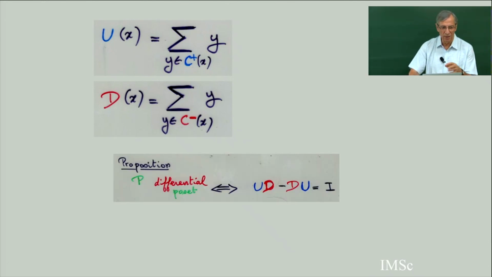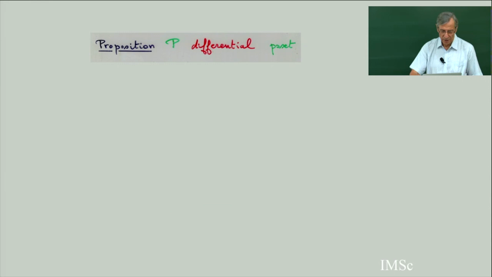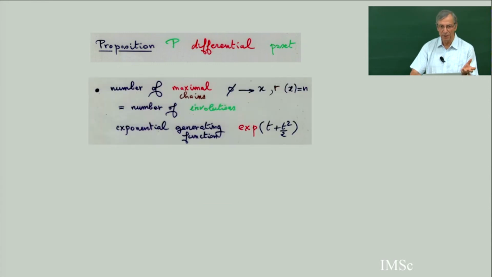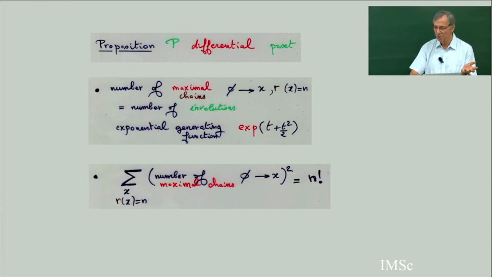Then you have, again, in a differential poset, this relation UD minus DU equal identity. And you have also the same relations as in the Young poset: the number of involutions is in bijection with maximal chains, and when you go up and down, you get n factorial.